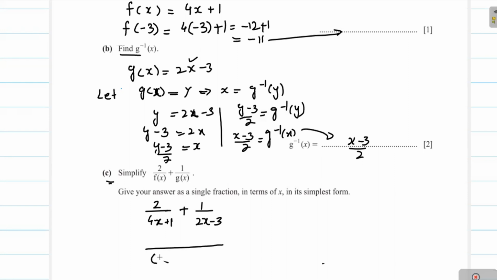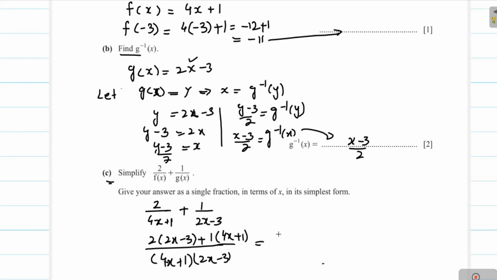The LCM of both denominators is 4x plus 1 into 2x minus 3. Now we write here 2 into 2x minus 3 plus 1 into 4x plus 1.